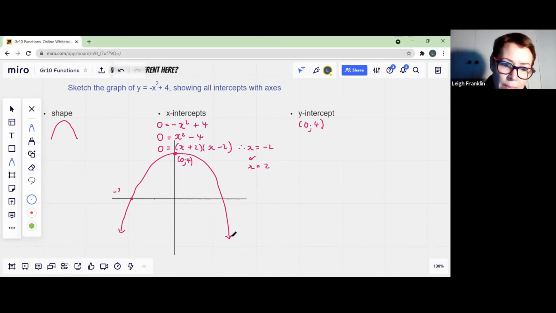So this one will be -2 and 0 because I'm working on the left of the y-axis. And this one over here will be +2 and 0, because I'm working to the right of the y-axis. Okay, so again, that would be worth 3 marks. 1 mark for the shape, 1 mark for your x-intercepts, and 1 mark for your y-intercept.